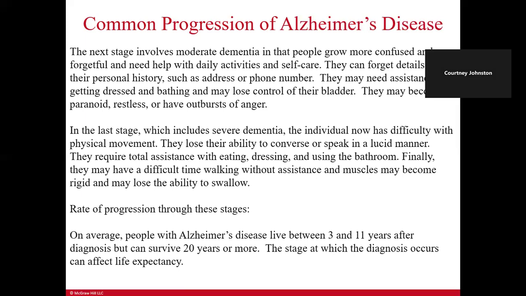They may not have the ability to converse or speak in a lucid manner. They might need total assistance with eating, dressing, going to the bathroom, and they have a difficult time walking without assistance, and muscles may become more rigid and they may lose the ability to swallow. So the rate that this progresses is usually people with Alzheimer's live between 3 and 11 years after diagnosis, but they do have the capacity to survive for 20 years or more.